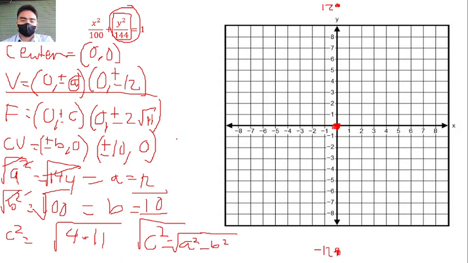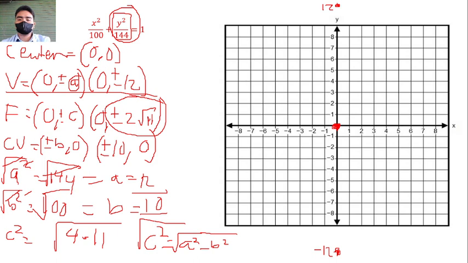Okay. Next, what is your focus? Your focus is positive and negative 2 square root of 11. So if you're going to get the square root of 11, what's the square root of 11?